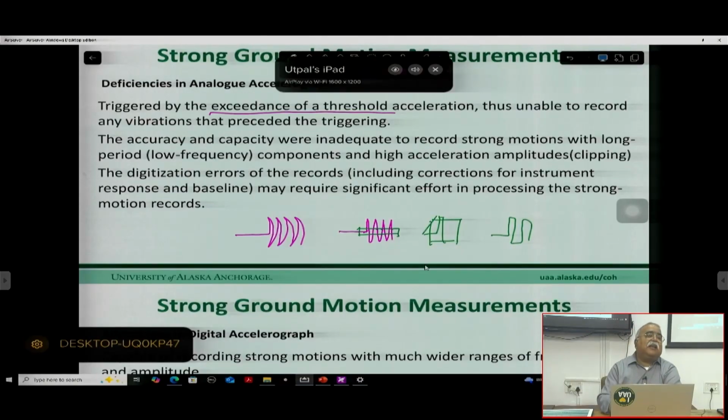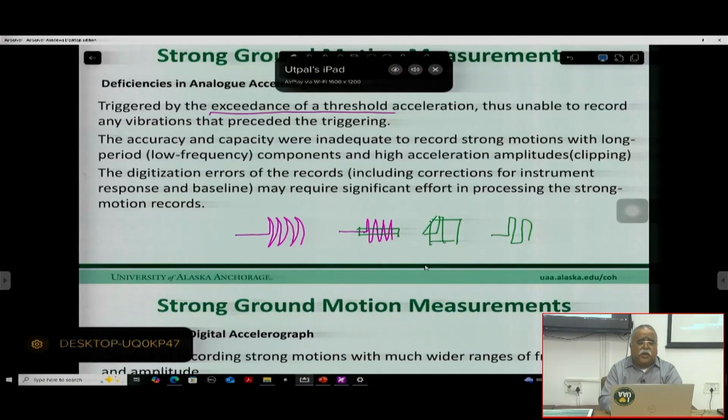That does not make any sense for wave understanding. So there is a clipped motion. If it is a very near and very strong earthquake, clipping might occur. Although in an accelerometer it is very difficult to have clipping, if it is a strong earthquake of that nature, it can also get clipped. So these are the difficulties with the strong motion analog recorder.